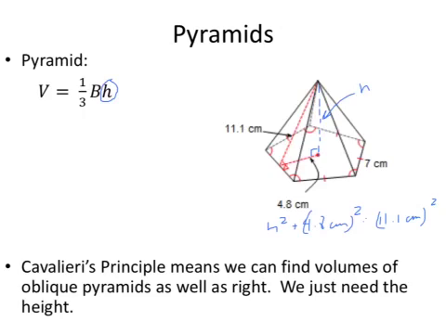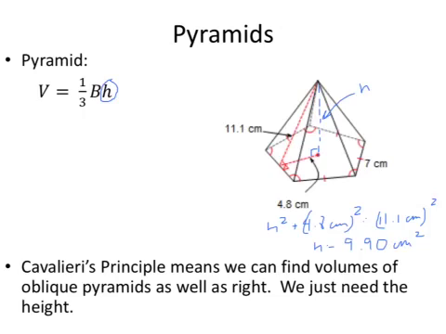So once I solve that out and take my square root, I should get that my height equals 9.90 centimeters. Okay, now I need the area of my base.